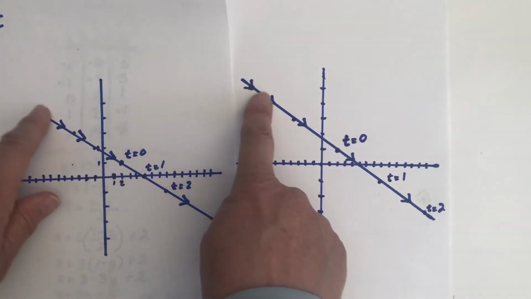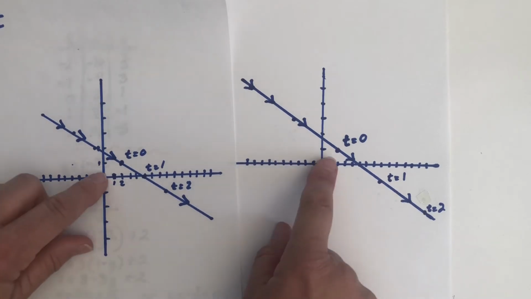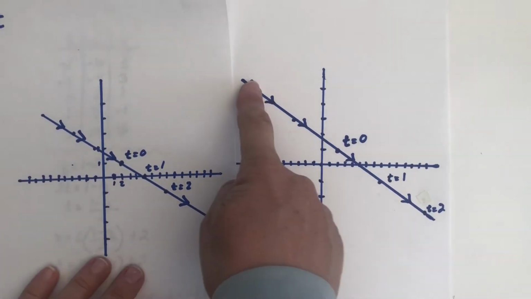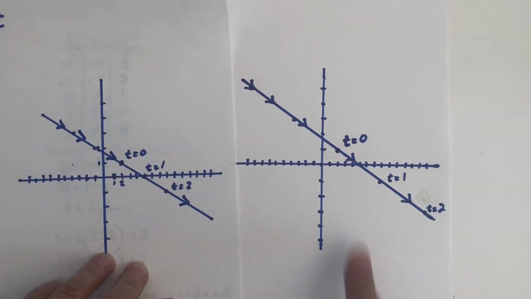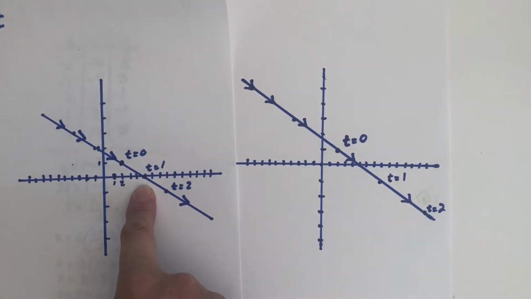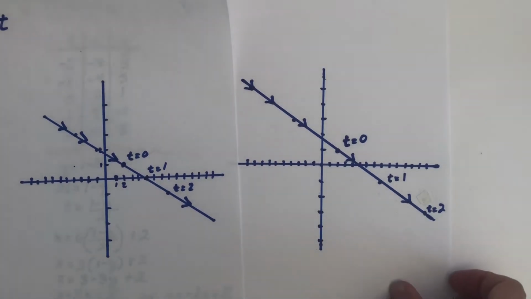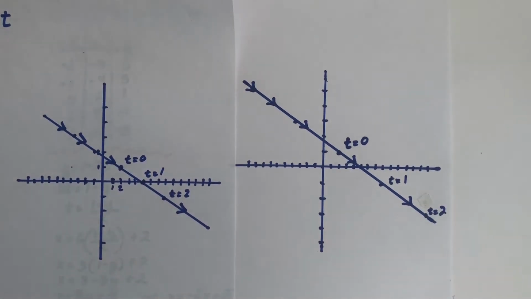They're both going in this direction, but notice t equals 0, t equals 1, t equals 2. This one is moving faster than this one. And that's part of what the parametric equations give you. What time a point, so to speak, would be at a particular place in the plane.